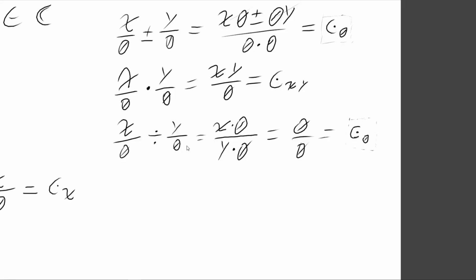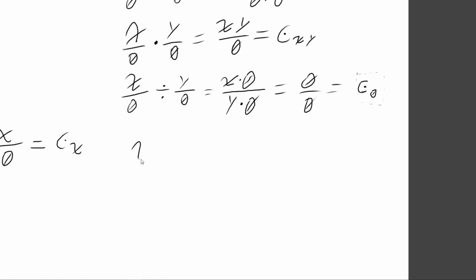Though there is an interesting thought to go beside this, because it should be noted that if I were to multiply 0 into this statement, we will not in turn get our x or y value back out. For example, I have x over 0, and I say this equals cx, and then I multiply 0 over this.